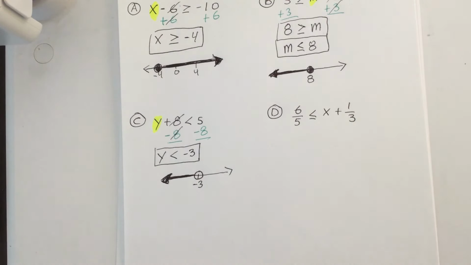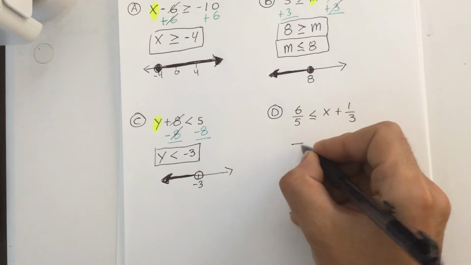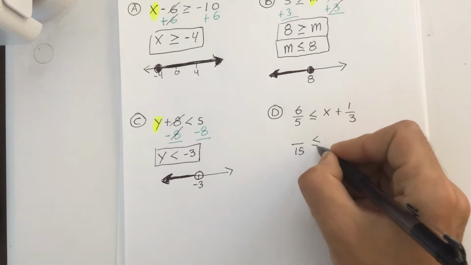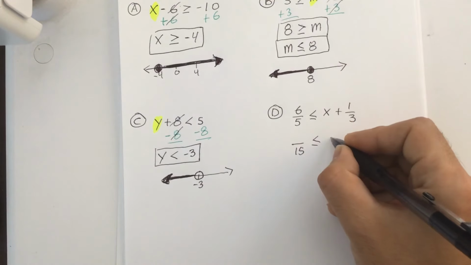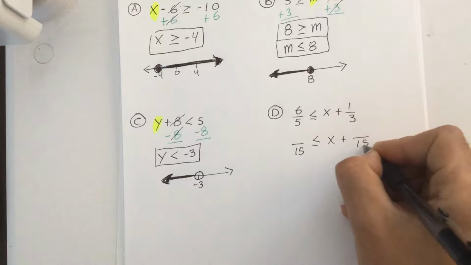Before you do anything, you want to have all the fractions to have the same denominator. And the least common denominator here for 5 and 3 is going to be 15. So I know I need to have a 15 here in the denominator, and I need to have also a 15 here in the denominator.